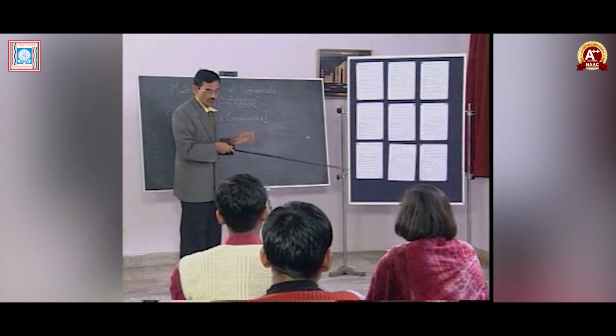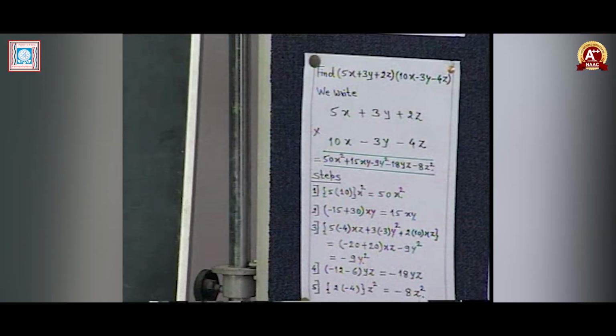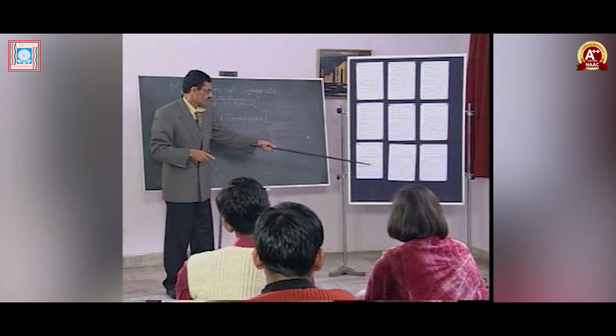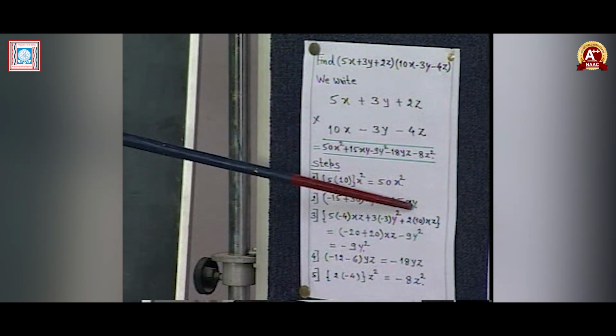So that gives 50x square. Second, 5 into 3, 15, plus 3 into 10, 30. Yes, so it is minus 15 plus 30. And what about variables? xy, because it is 5x into 3y, I will get 15xy. So the answer is 15xy.